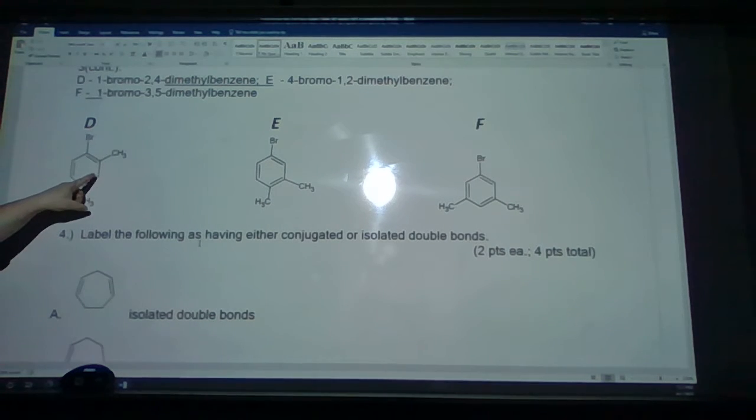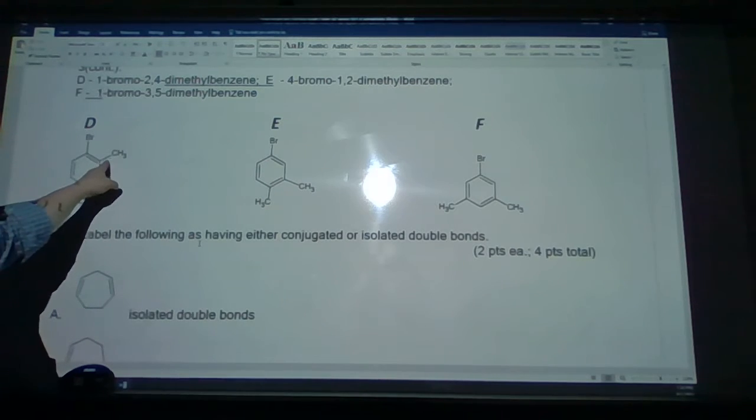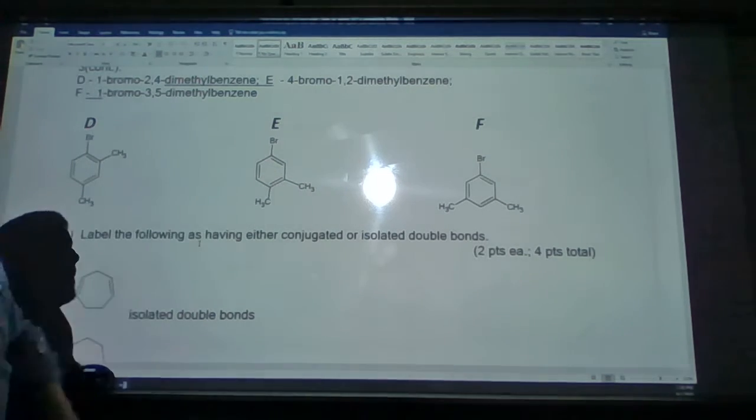You had the compound where the bromine was between the two CH3s. Now you've moved the CH3 one more position around. Compound D is 1-bromo, 2,4-dimethylbenzene. Here, you've moved this CH3 from here to there.